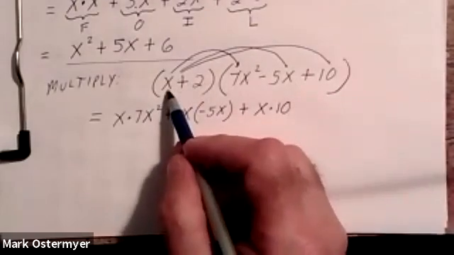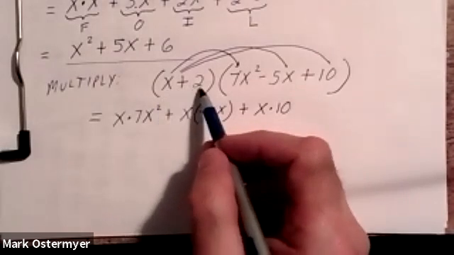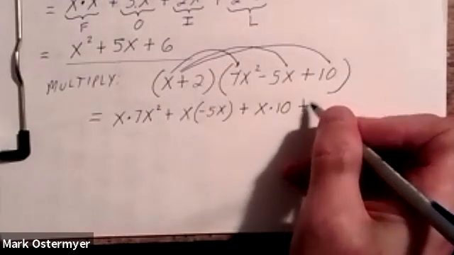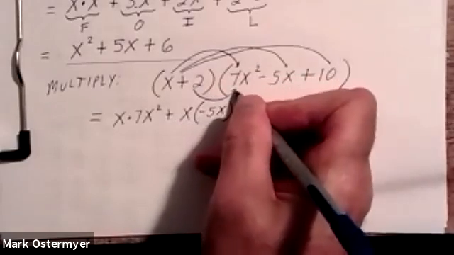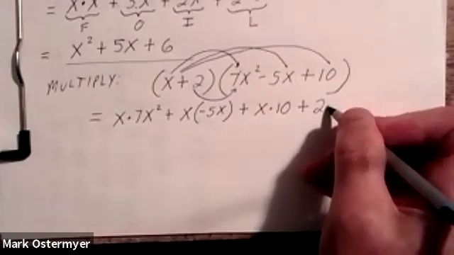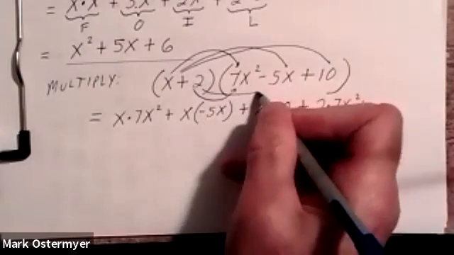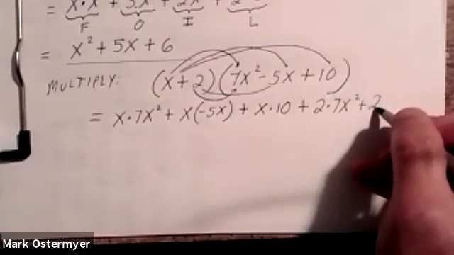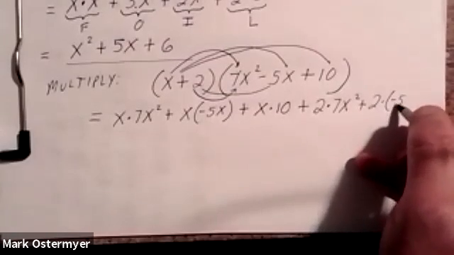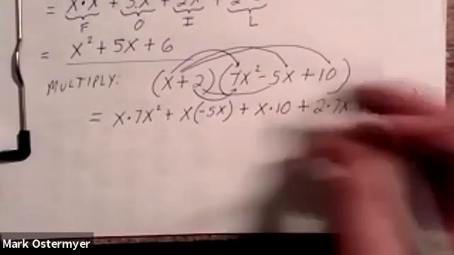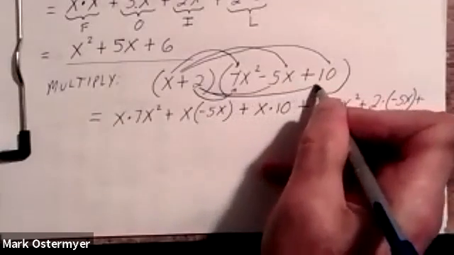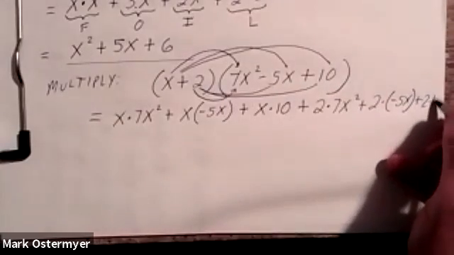Now we're done with the x, so we abandon the x and move to the 2. And then we take the 2 and multiply it by 7x squared. Plus, we'll take the 2 and multiply it by negative 5x. Plus, finally, we take the 2 and multiply it by the 10 way over here.